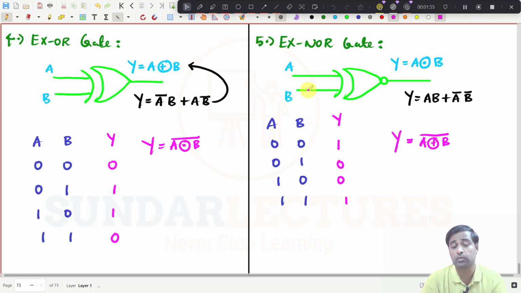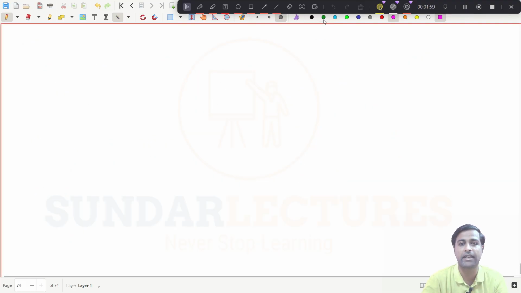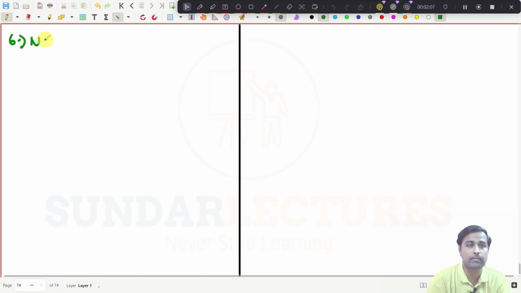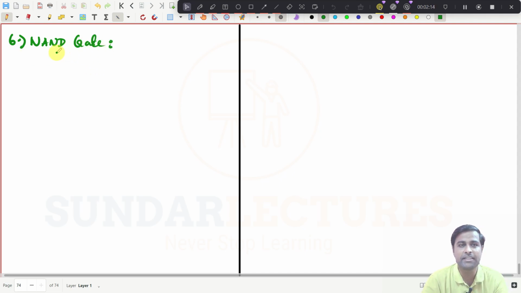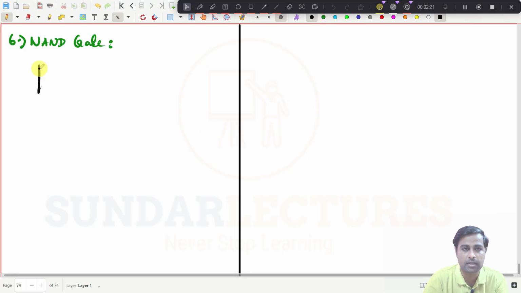Now I will go to the next gate, that is the sixth gate, the NAND gate. What is this? The meaning of the NAND gate is the combination of AND and NOT gate. For example, if I draw like this, this is an AND gate, and you put a NOT gate here.